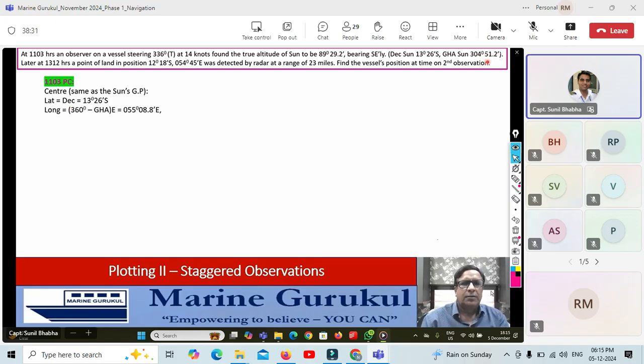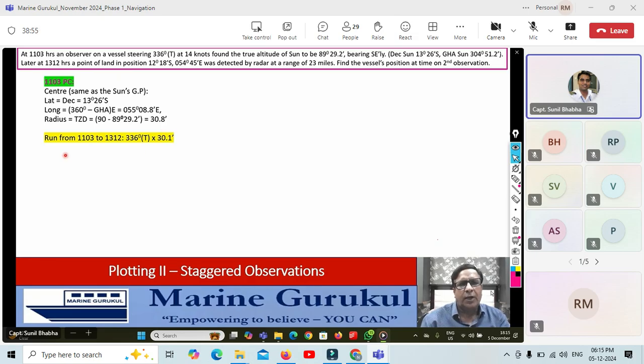So we get the coordinates of the GP, and that becomes the center of 1103 PC. Radius of 1103 PC shall be equal to TZD. True altitude is given as 89 degrees 29.2 minutes, which gives us the TZD or the radius as 30.8 miles.